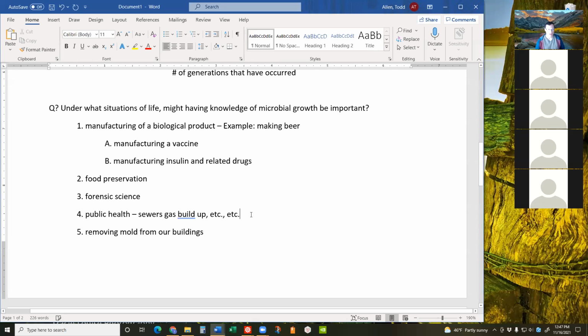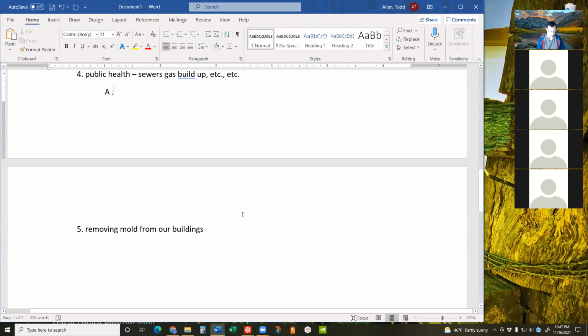I would also mention here under public health, I would also mention food poisoning outbreaks, right? If you have a situation of a local food poisoning outbreak that seems to be centered around one of your local restaurants, if you identify what microorganisms are causing the issue, you might have an idea of the window of time that you can expect to see large groups of the population getting sick, which might allow the medical community to better organize their response to that situation.